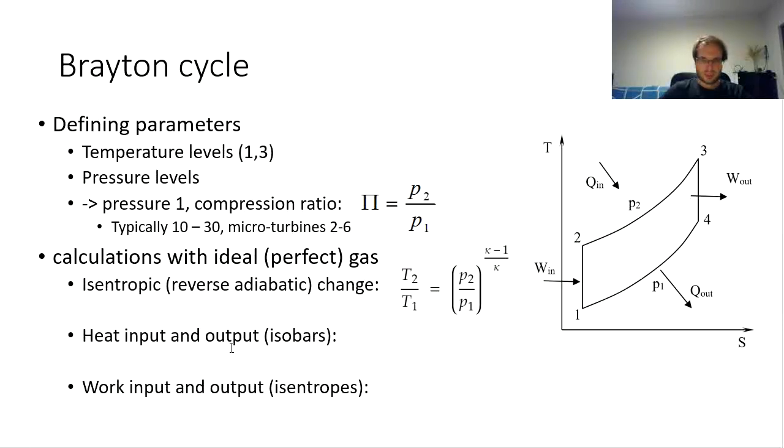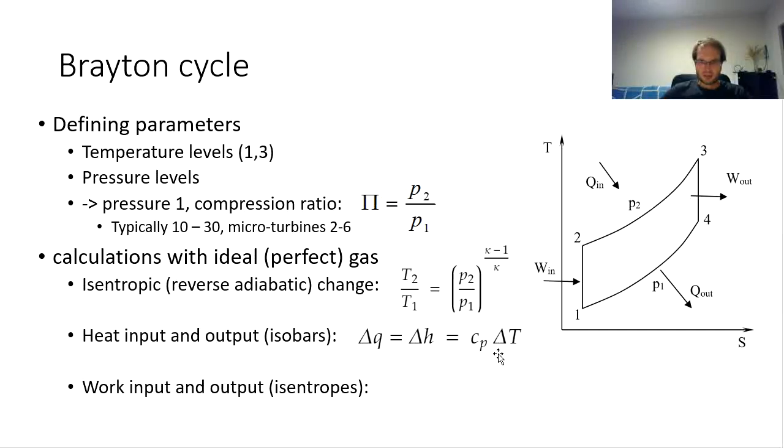Okay, now for the heat input and output, so those are isobars. So in isobaric change, the heat or the change of the heat is the change of enthalpies, and the change in the enthalpy in the ideal gas is Cp dT, specific heat capacity times change of the temperature.